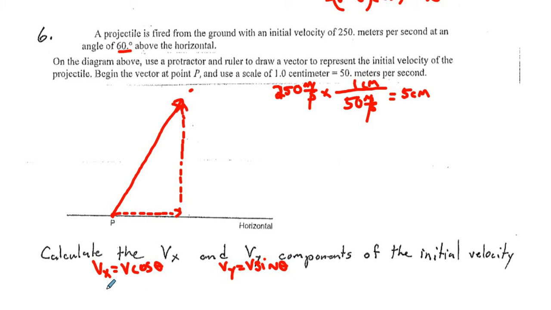So your choice, but either way, you should get an x component of around 125 meters per second. It's going to be around that if you're using the measurement method. And then likewise for this one, around 216, actually I guess 217 meters per second. So let's just call it 220 for those of you that are doing it to scale.